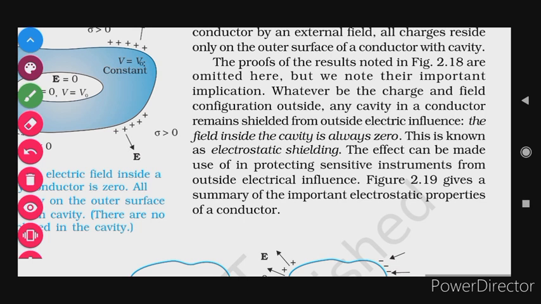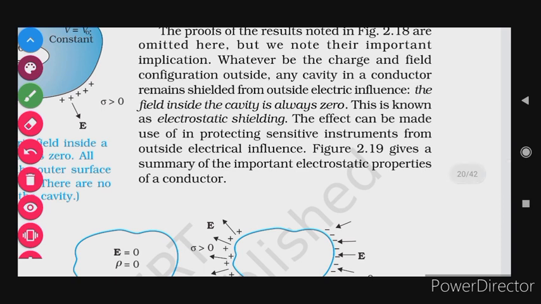If this is an open place and you're in your car, the best place to stay protected from the electric field or the lightning is to be inside the car, because the car is made of metal, and it will act as this conductor. Inside the conductor, the electric field will be 0. So that is the best safe place to be in case of lightning.